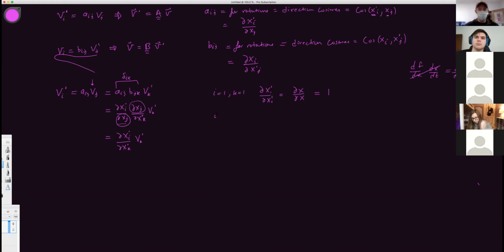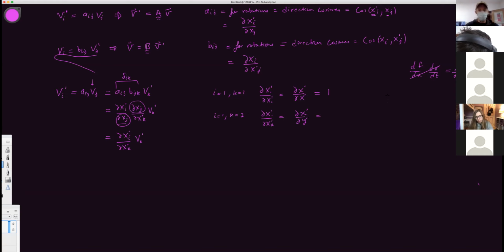And if we do i equal 1, k equal 2, we do partial x prime 1, partial x prime 2, and that would translate to partial x prime, partial y prime, and there is no partial x prime, partial y prime, right? That's 0. Does that make sense? Oh, sorry, I'm leaving the primes off. I'm so sorry. There we go. So this one was partial x prime, partial x prime. This is partial x prime, partial y prime.